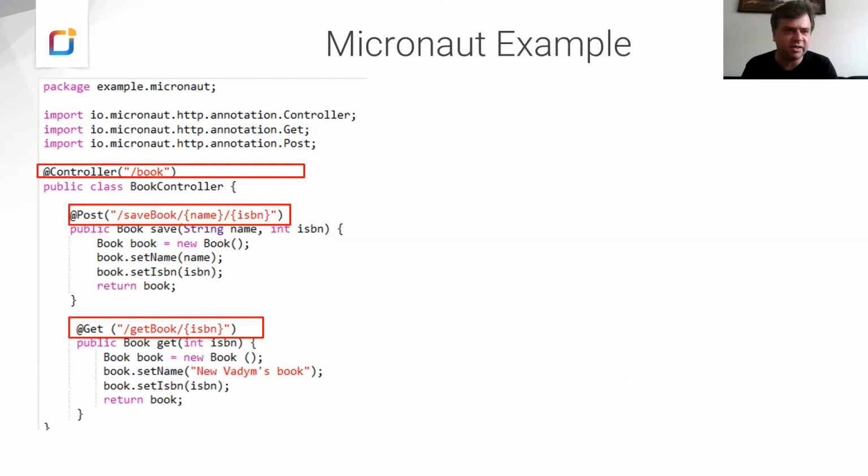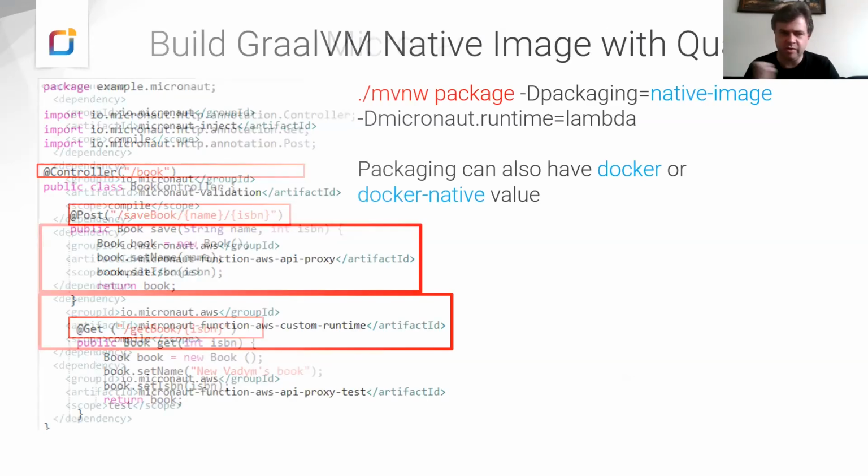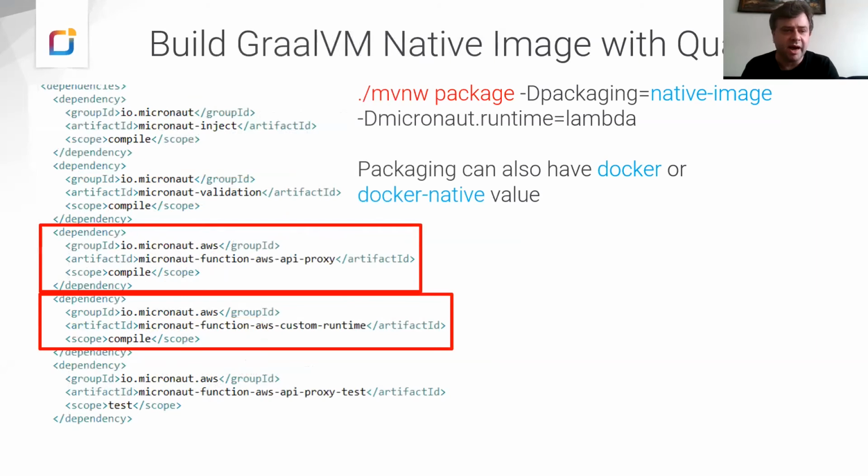You see this controller, post, get, and so on, but all annotations, which we are quite familiar with, come from the Micronaut package itself. And this is the same with all the frameworks. Behind the scenes in POM XML, you have these dependencies to Micronaut function, AWS API proxy, and even the API Gateway proxy can be generated. And this is Micronaut function AWS custom runtime to build the native image of the Lambda.